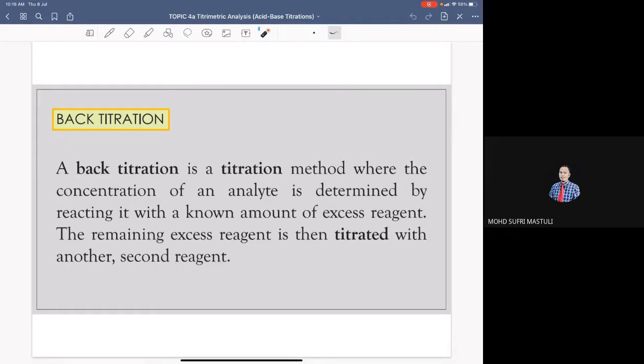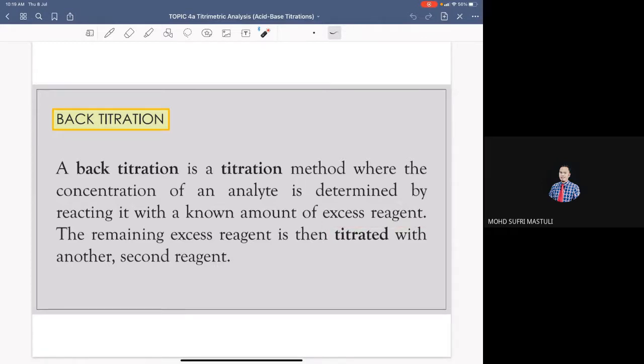So what is back titration? Back titration is a titration method where the concentration of analyte is determined by reacting it with a known amount of excess reagent.